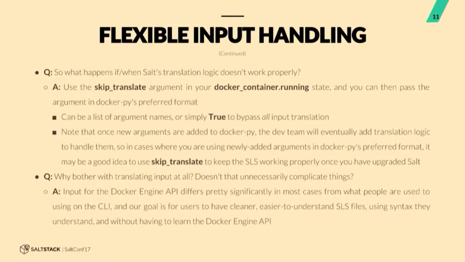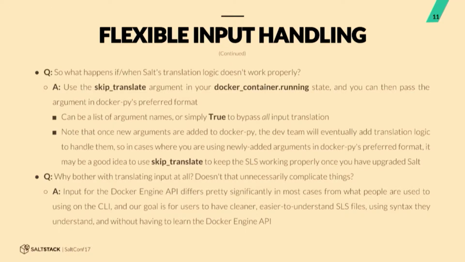When an argument is having its translation logic skipped, that allows you to just use the Docker Engine API data structure format for that argument, and that will allow you to work around any problems with our translation logic, or, like I said, to handle those new arguments.